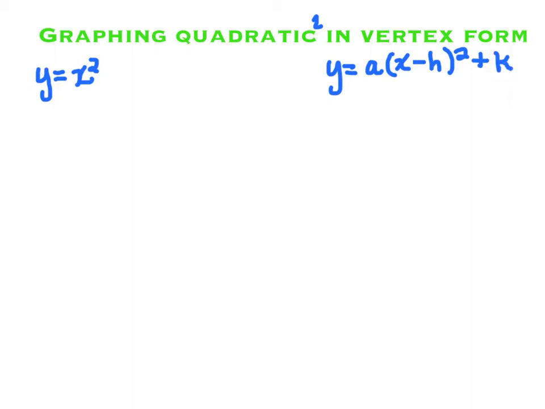The next thing I want to remind you of is what a quadratic looks like. Okay, so a quadratic is a graph called a parabola. Very freehand here. It could either open up or it could open down.